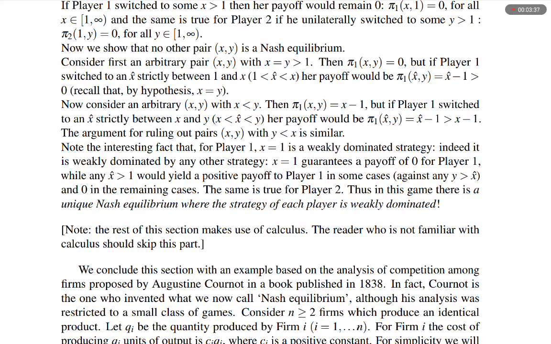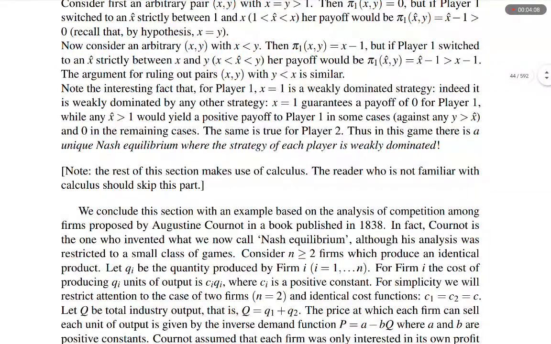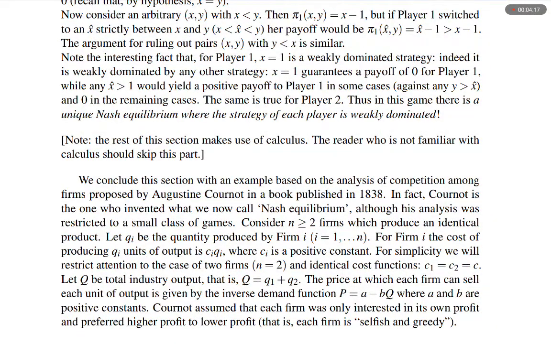But if player 1 switched to an x̂ strictly between 1 and x (1 < x̂ < x), her payoff would be π1(x̂, y) = x̂ − 1, which is greater than 0. Recall that by hypothesis, x = y.